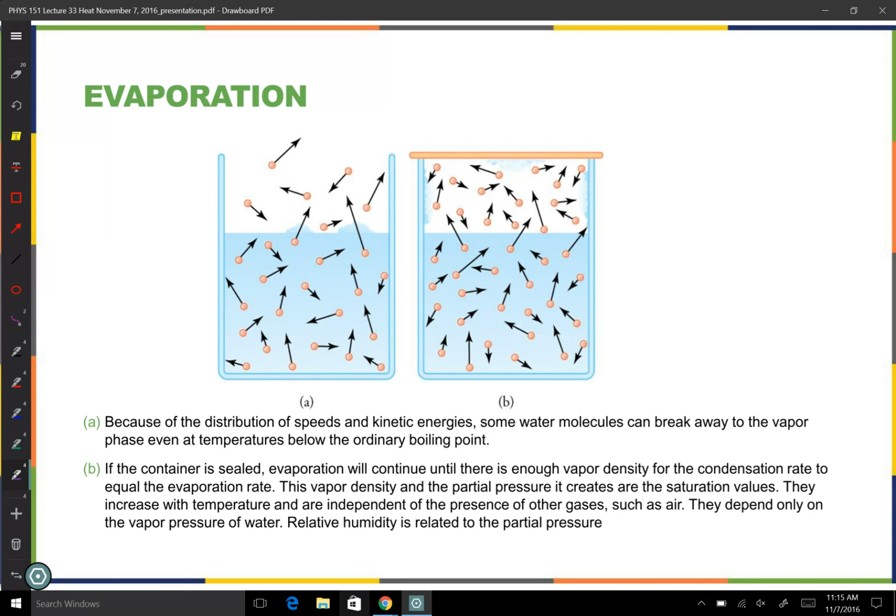It's actually the same numerically, it's just different names. Well, if you have a molecule with a kinetic energy higher than the surface energy, then it has enough energy to break free of the surface when it gets to the surface. And so it will evaporate. If you have one that's slower, doesn't have enough kinetic energy, it can't get out and it stays in.